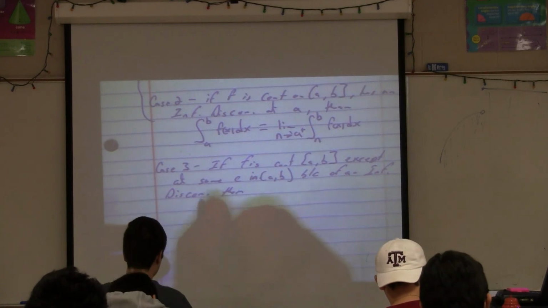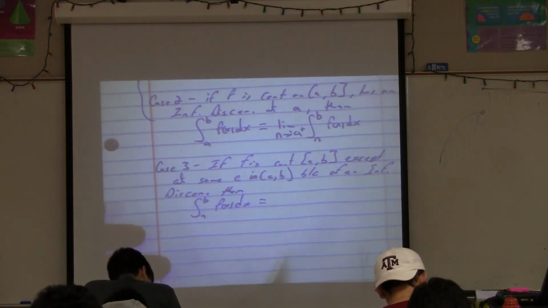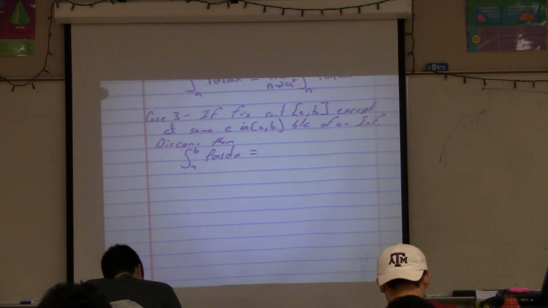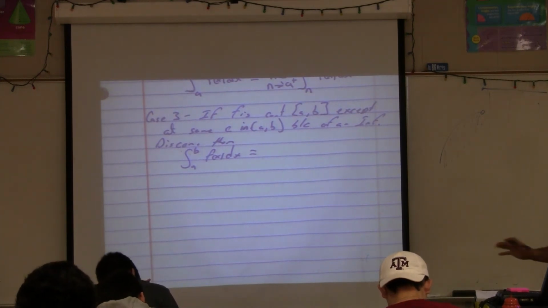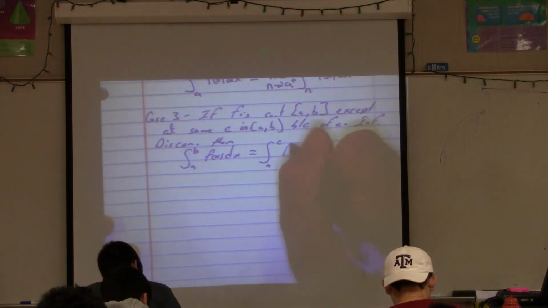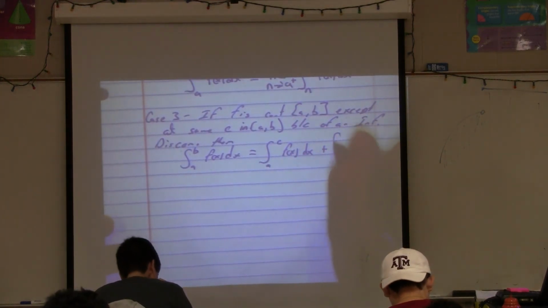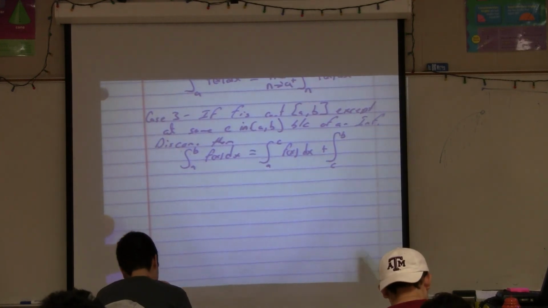So then, the integral from a to b of f of x dx is gonna equal what? How are we gonna do this? Let's not do the limit, let's just do the two integrals. From A to C. So the integral from a to c, plus the integral from c to b, right?